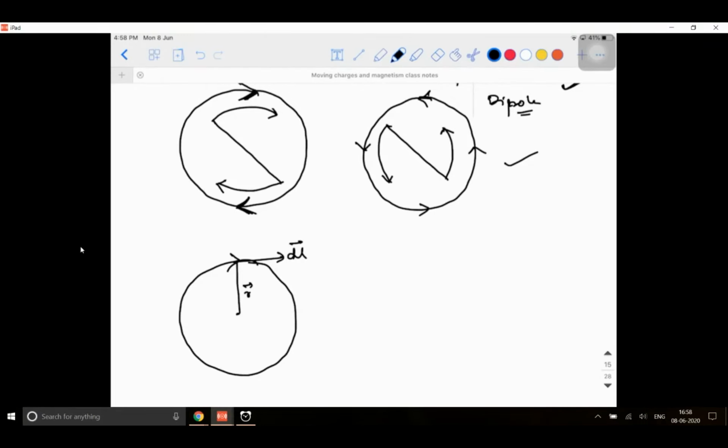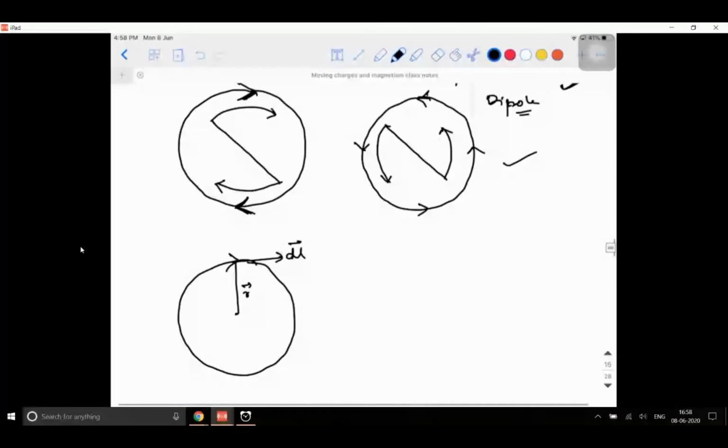I am applying the Biot-Savart law to this only to find the direction. The direction is given by dl vector cross r vector. The dl vector is in the direction of i cap, the r vector is in the direction of minus j cap, and this is the origin. i cross j is going to be minus k cap, so into the plane.